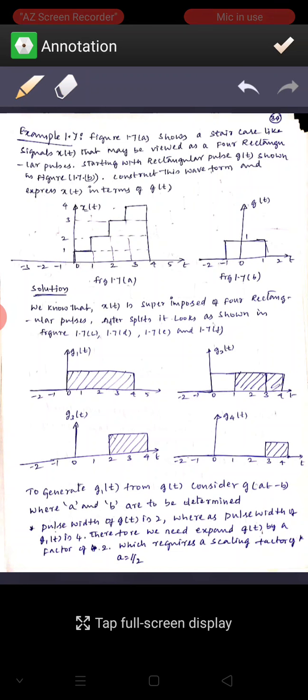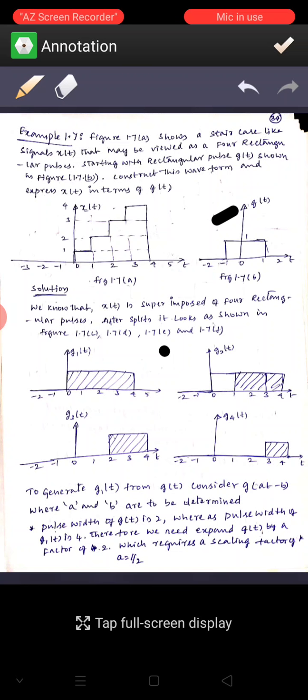I have split this x of t into different forms: g1 of t, g2 of t, g3 of t, and g4 of t. This is quite a different problem, so we consider it in terms of g of t, which runs from -1 to +1. My x of t starts from 0 onwards, meaning that g of t is shifted along with being expanded.